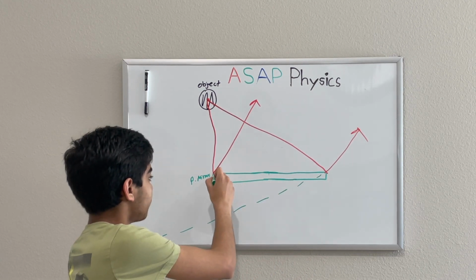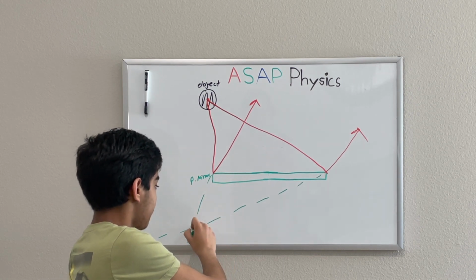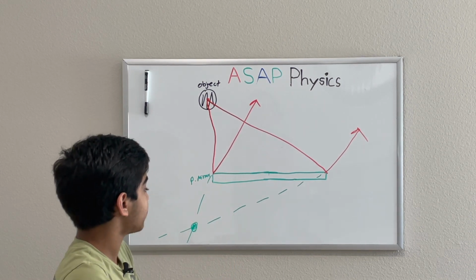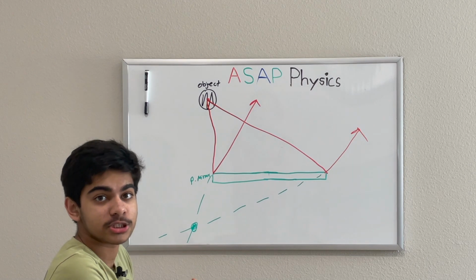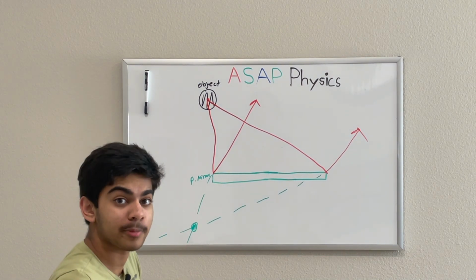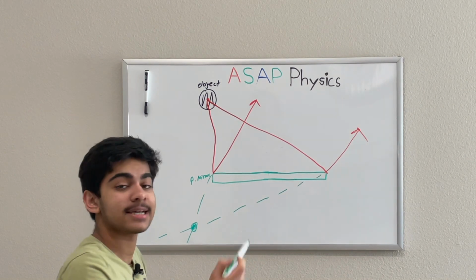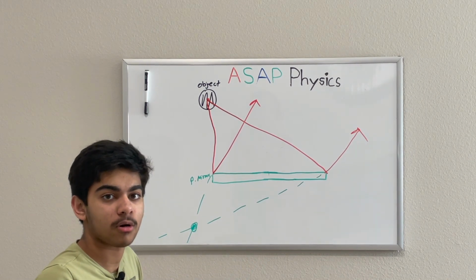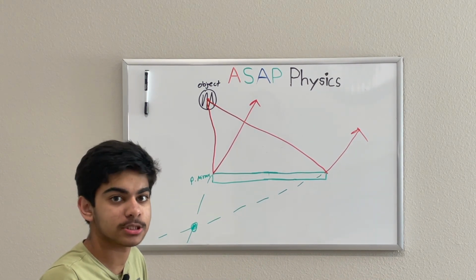Let's say the intersecting point is right here for now. Well, this is where the image of the object is going to be. So a key reminder here is that the lines that come behind the line of reflection are always going to be dotted lines. They would never be solid lines.